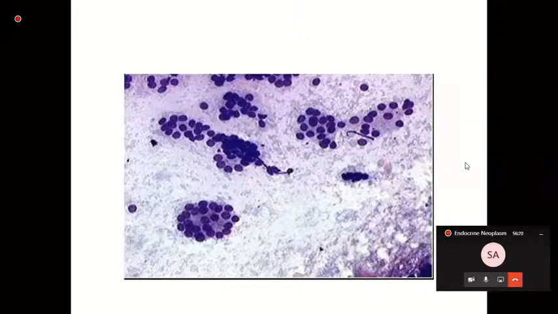Once we report follicular neoplasm, what do they have to do? Just release the patient, or what are we going to do? Yeah, to do more tests. Which test?